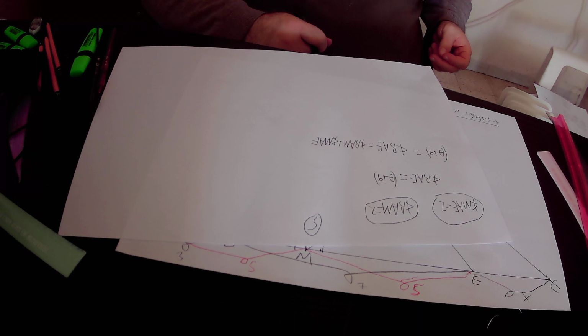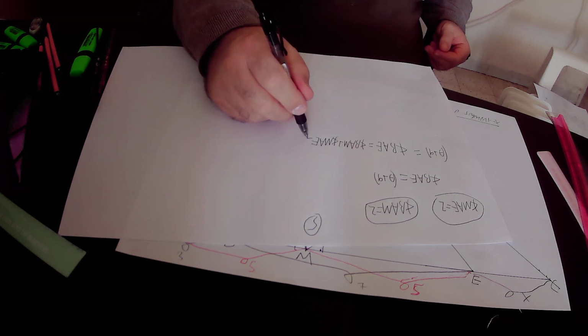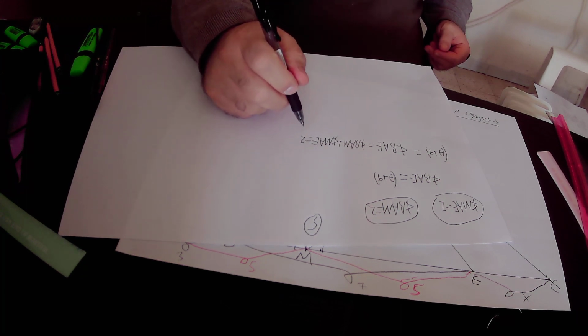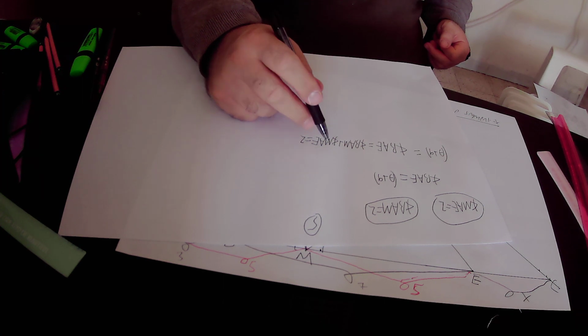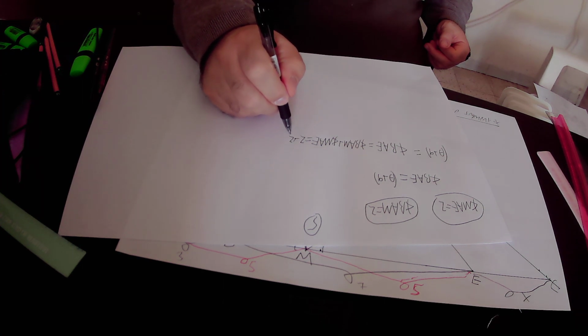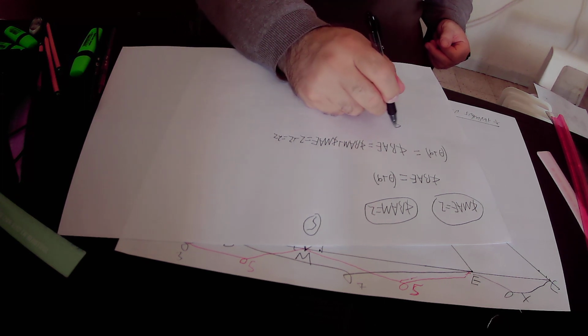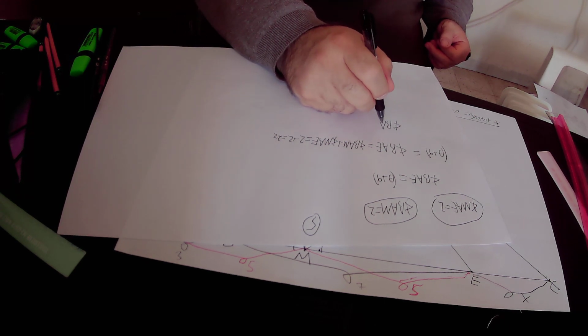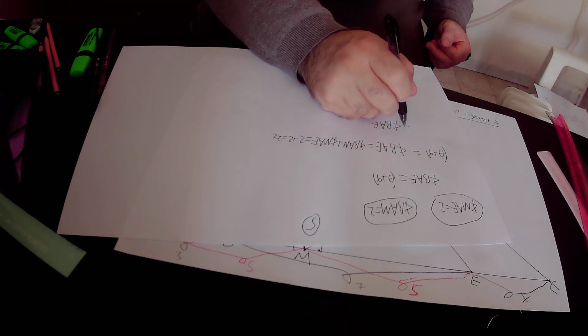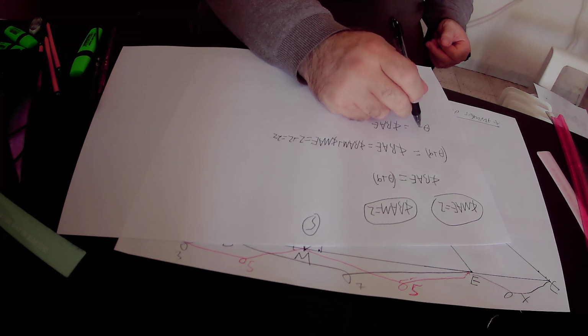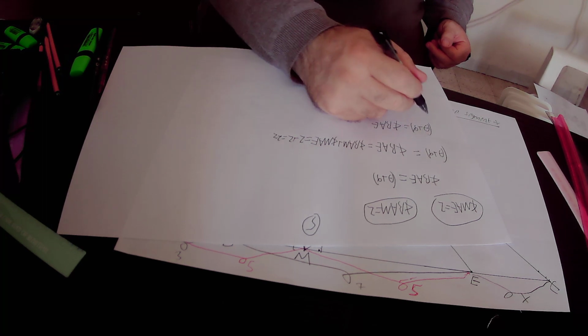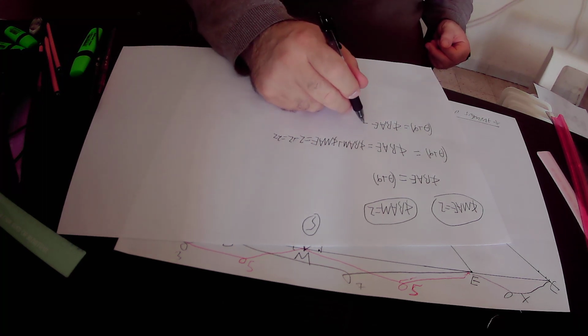Okay? But angle BAM equals Z, and angle MAE is also equal to Z. Z plus Z is 2Z. So from one side, angle BAE equals theta plus alpha, and from the other side, angle BAE equals 2Z.